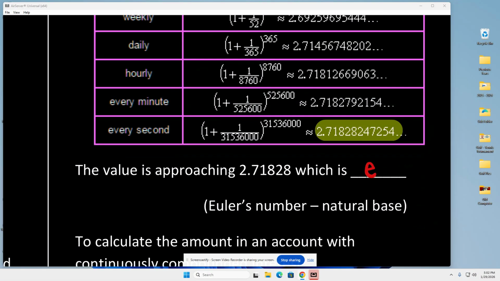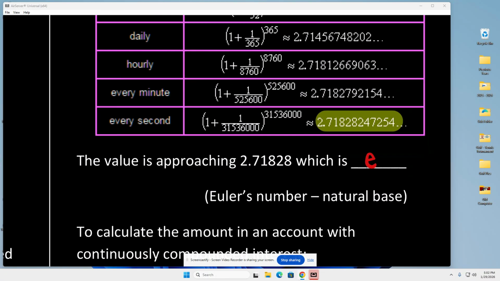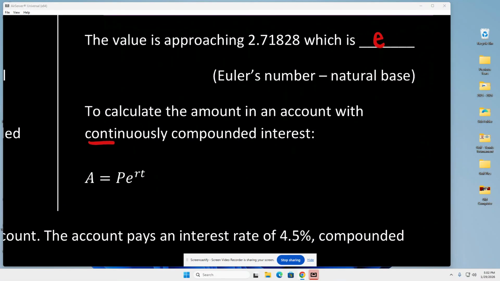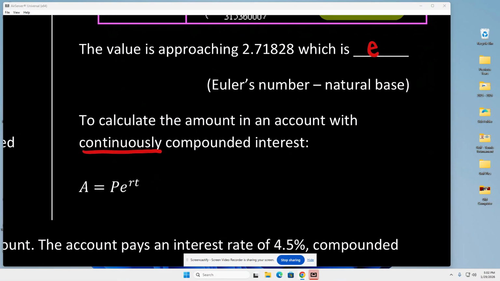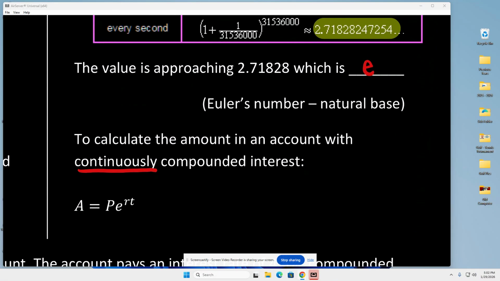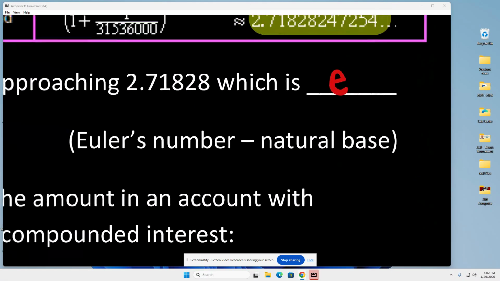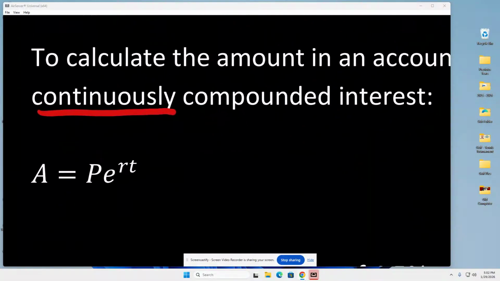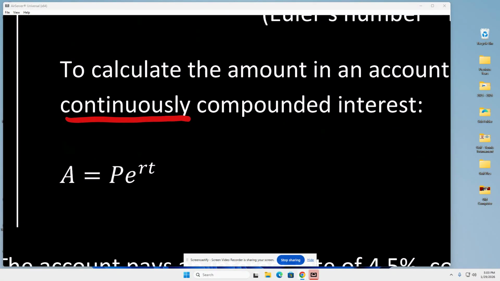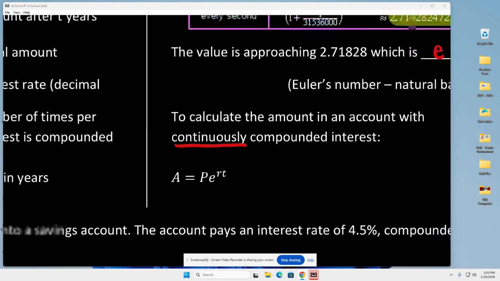So, when we talk about something being compounded continuously, because things being compounded more and more moves closer to a base of E, we use an equation that I talked about the other day that we call continuously compounded interest. And that is A equals P, your principal, times E, your Euler's number, 2.71828, raised to the RT power. So, PERT, if you want to memorize it like that.